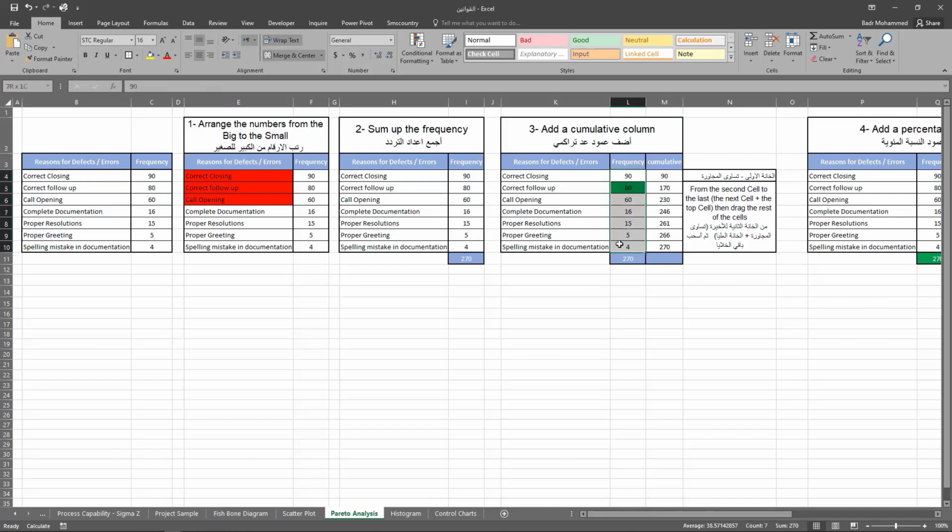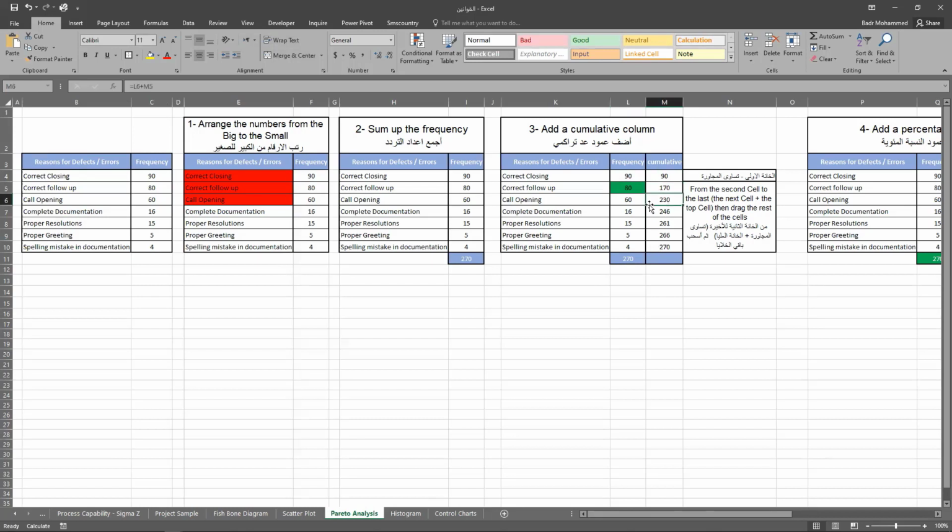We will put the frequency. The first cell is the same: the first cell equals the first cell. The second cell, the next one, equals this one plus the one above. So this cell equals 80 plus 90, okay?